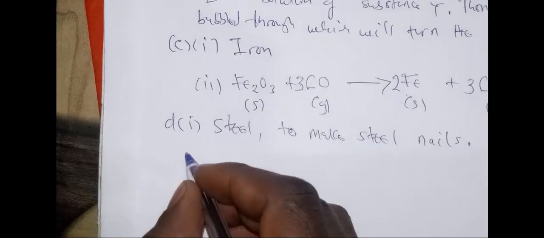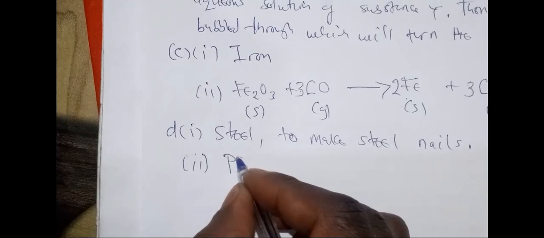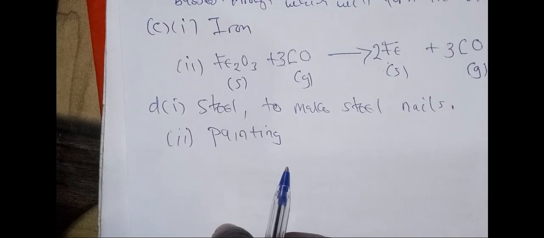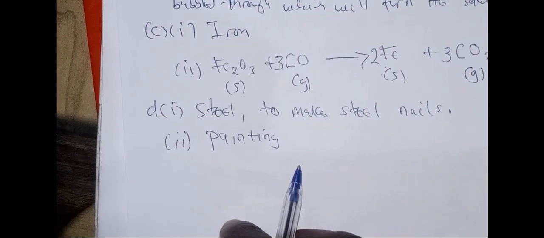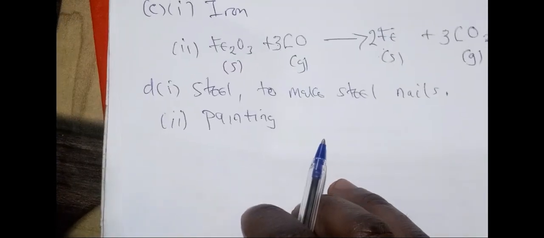So here it is by painting. So we say painting. For example, roofing sheets made from iron, how are they prevented from rusting?